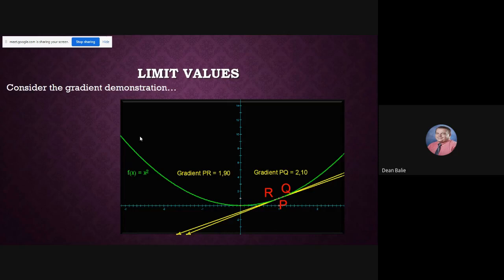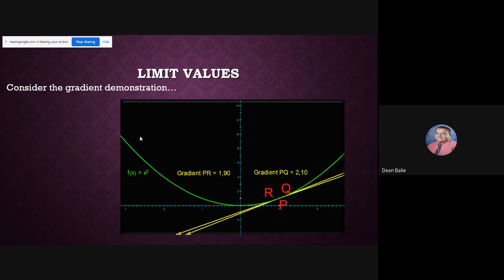As we brought those 2 points closer and closer to P, we found that the gradient of the line segment joining P to Q and P to R was honing in, coming closer and closer to the same value, and that value was 2.